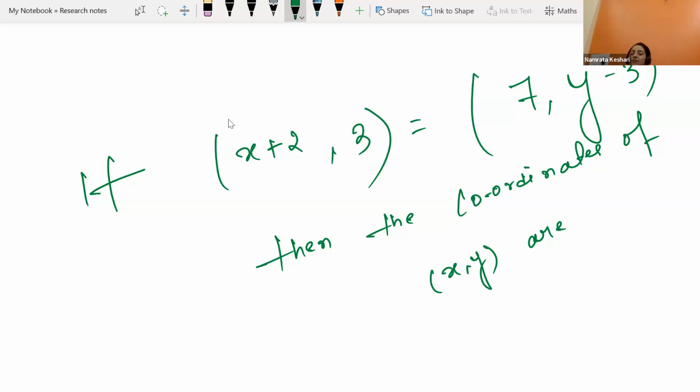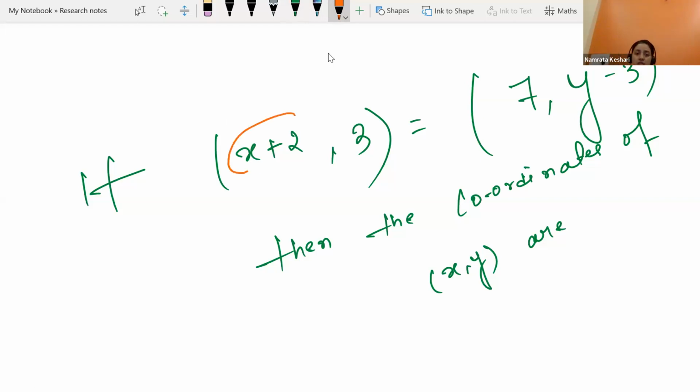Whenever we are having this type of question, what we will do, this coordinate is equal to that coordinate.